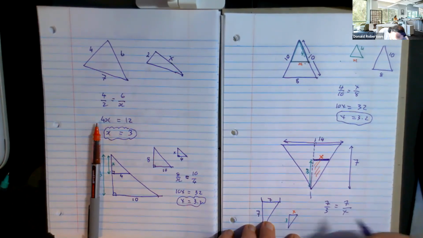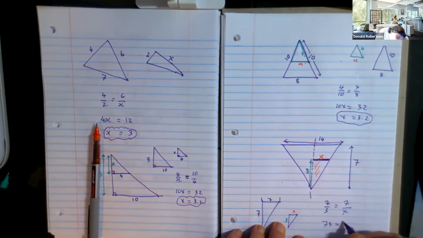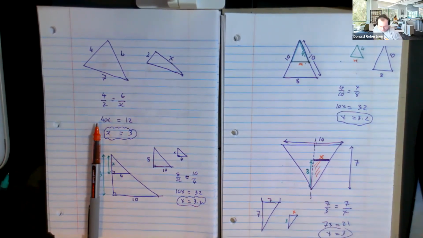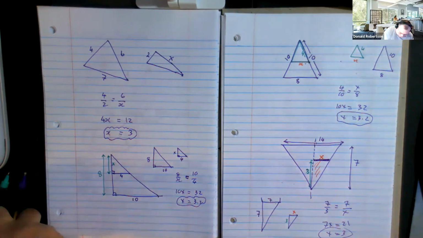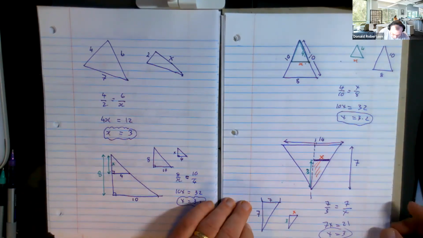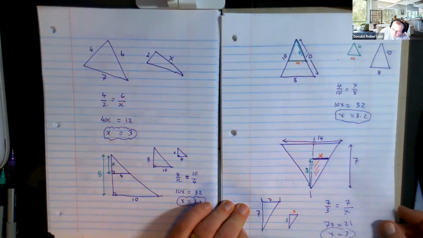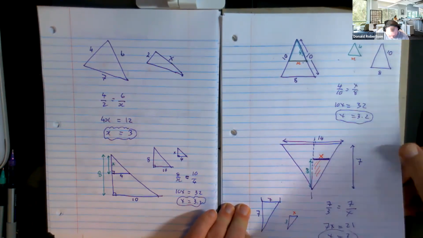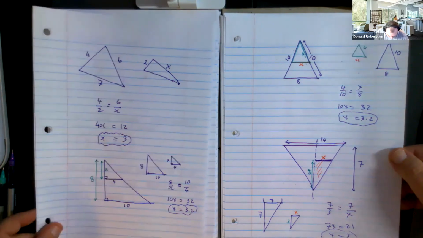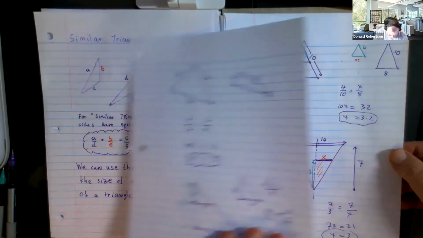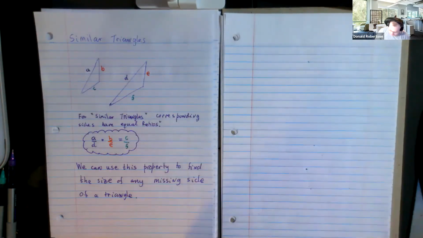That's a very bad question; number-wise, it ends up being 3. Okay, so this is just a taster of how you can use similar triangles to find missing lengths on another triangle.